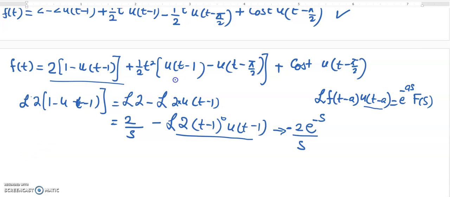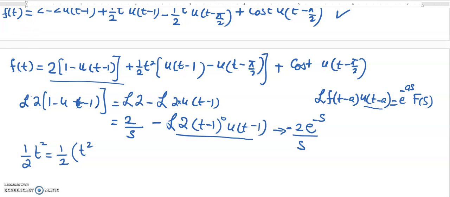Anyway, let's look at this next term, 1 by 2 t square, and that is being multiplied by u(t minus 1). But first of all we have to take some steps with 1 over 2 t square. We can write it in this form, because t should be replaced by t minus 1.